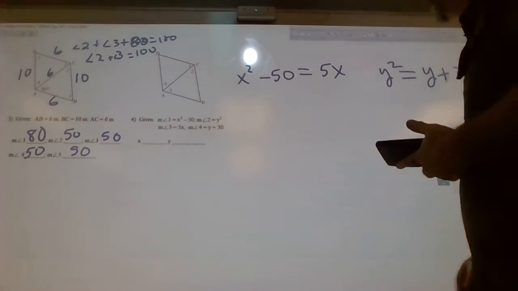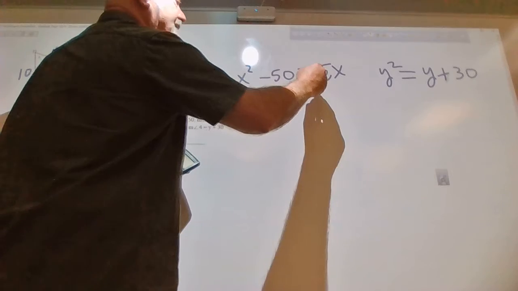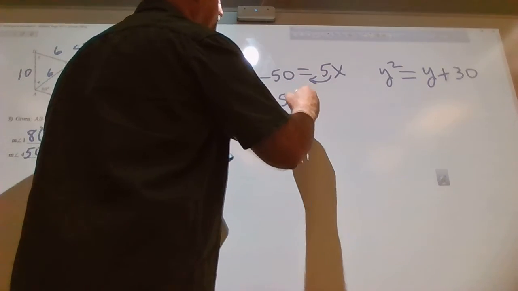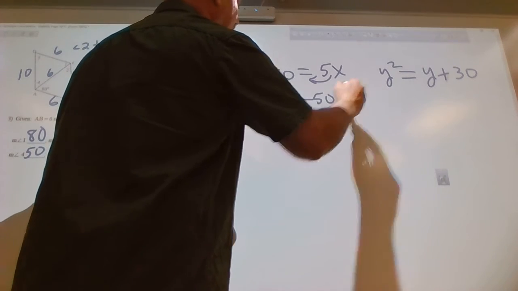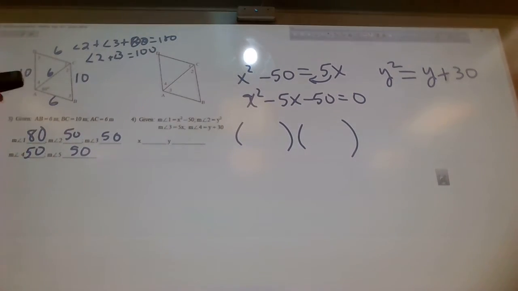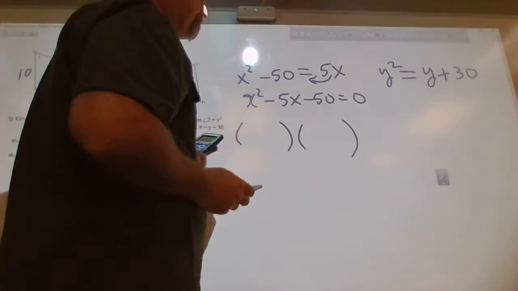We have a quadratic. The way we solve quadratics is to factor. So we'll go ahead and move this 5x to the other side. x squared minus 5x minus 50 equals 0. That factors into 10 and 5. 10 times 5 is 50. 10 minus 5 is 5.